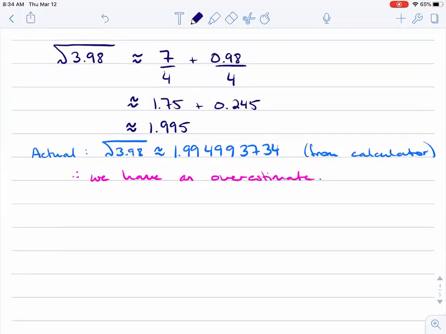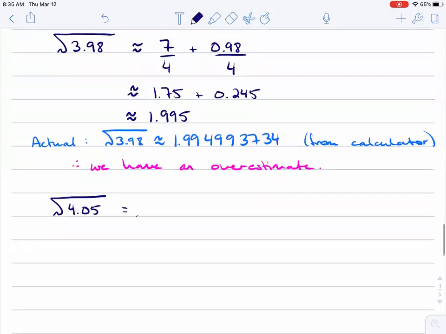If we do the same thing for the root of 4.05, I should clarify that that's the root of 1.05, oops, 1.05 plus 3, almost wrote 4. So my x must be 1.05, right?